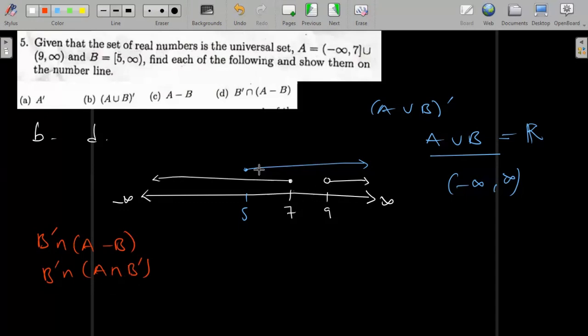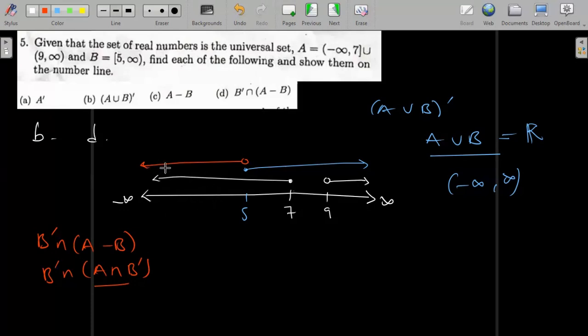Okay, so now how are we going to do this? When you check here, what is your B complement? If my set B is this one in yellow, B complement is going to be open at 5, and it's going to go all the way up to negative infinity there. Then my A, of course, is the one in white. They're telling me I should intersect these.